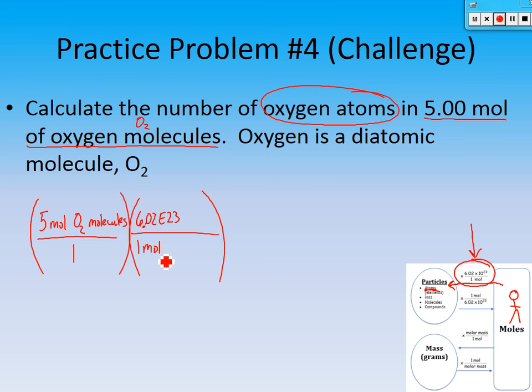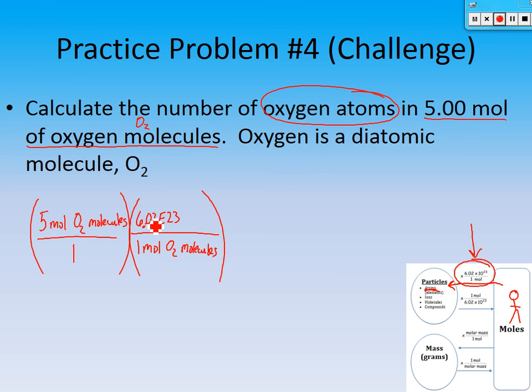Now again, I didn't put what the units were on the roadmap because it can change in every problem. That's why it's so crucial that you look back up here with what we started with. That's got to go on the bottom of your next one. So 1 mole of O2 molecules. Now, what makes this a challenge problem is that we can't go directly from molecules.